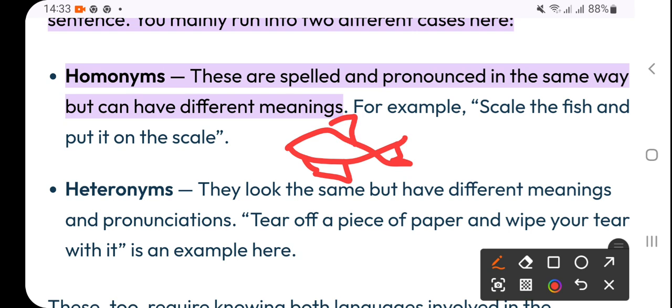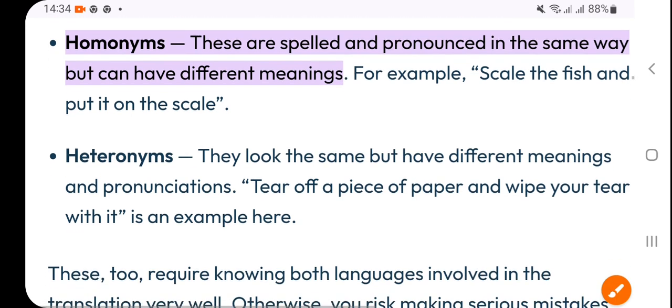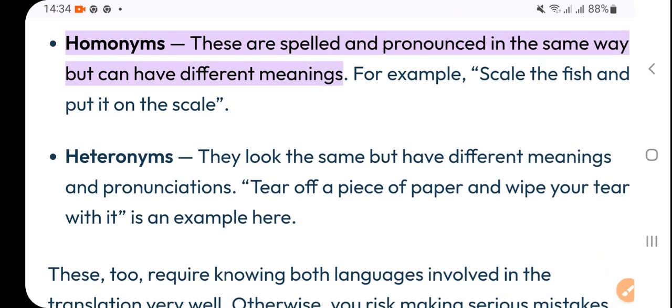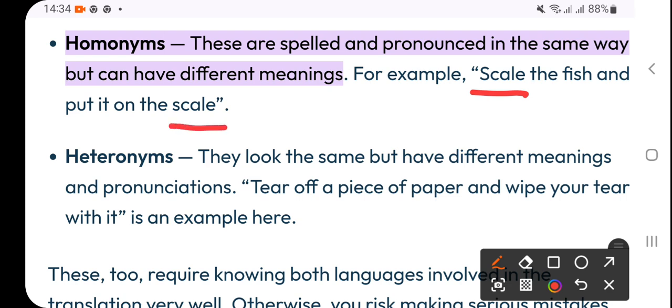So that's a different problem, right? In the homonym, one scale is different from the other, which is a measurement instrument. It's a different word, right?